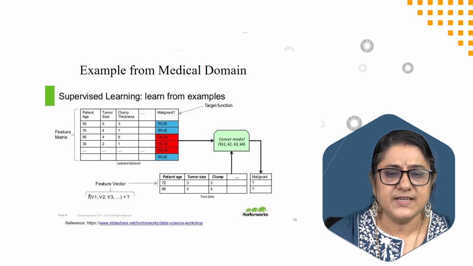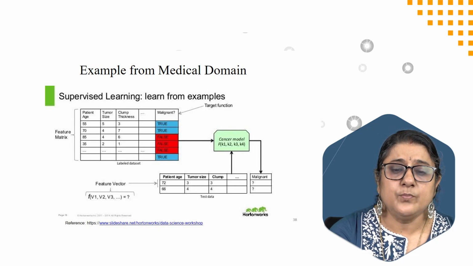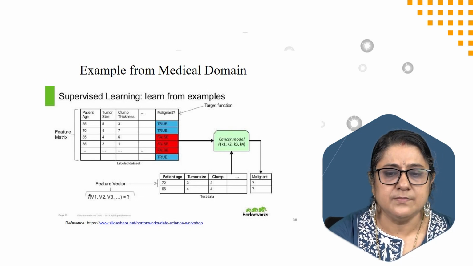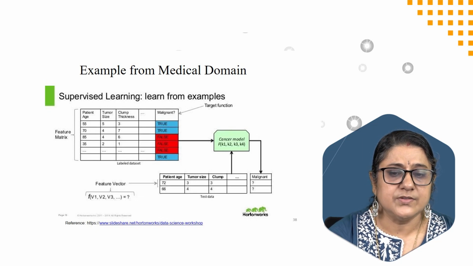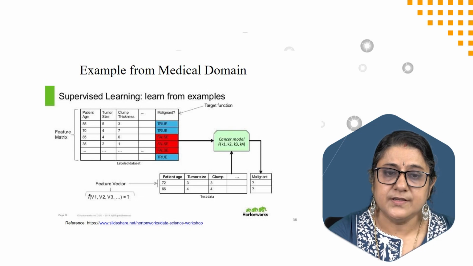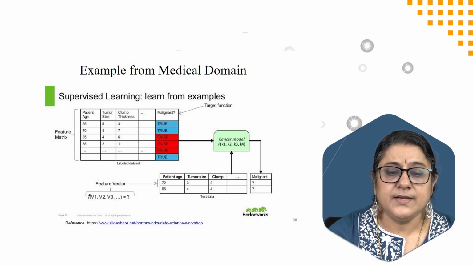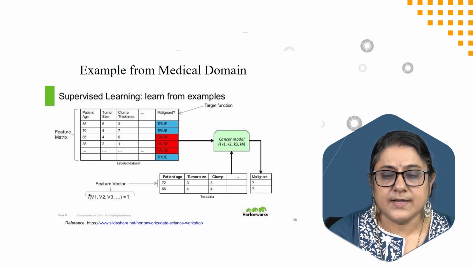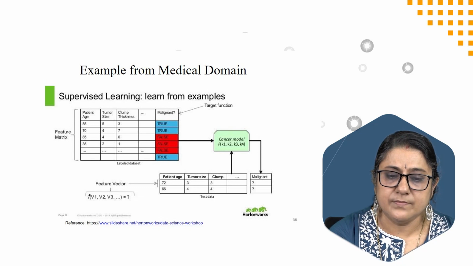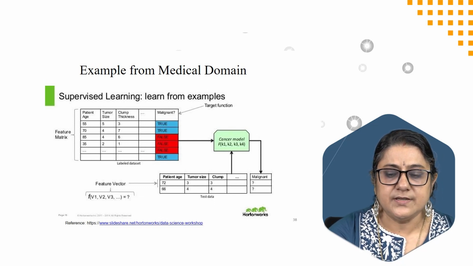These are the features, age, size, and the output is the last column, which is the target, that is the outcome, whether it is malignant or not. So it is a binary class, 0 or 1. So given a function taking the input feature vector, it tries to predict the output target outcome. If the output matches the actual one, that means the prediction is correct.